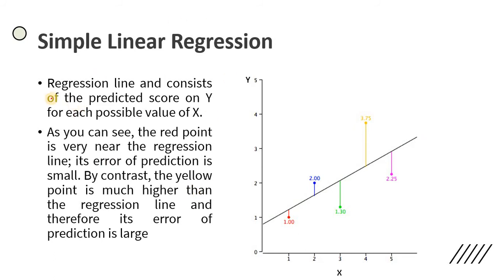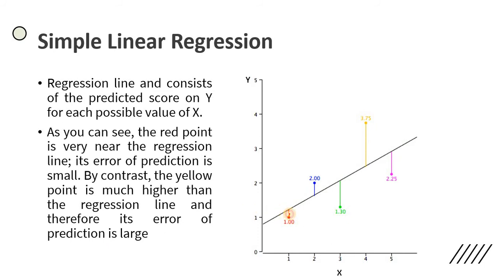So the regression line consists of the predicted scores on y for each possible value of x. As you can see, the red point is very near to the regression line. Its error of prediction is small. By contrast, the yellow point is much higher than the regression line, and therefore its error of prediction is large.